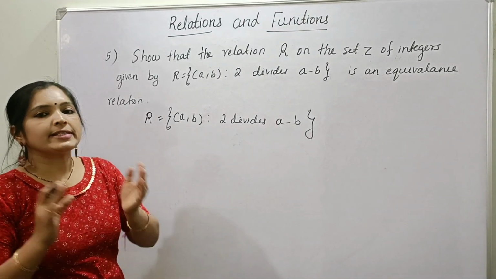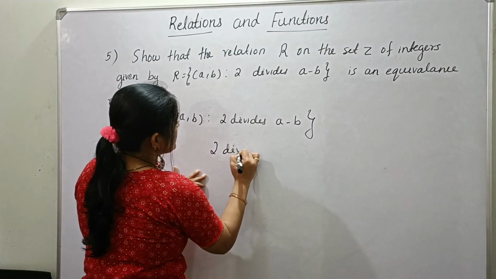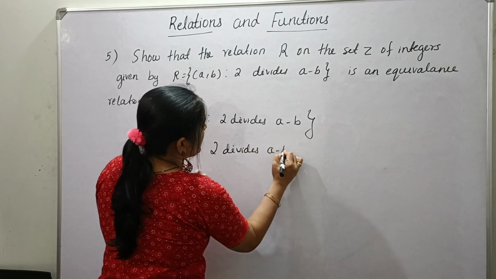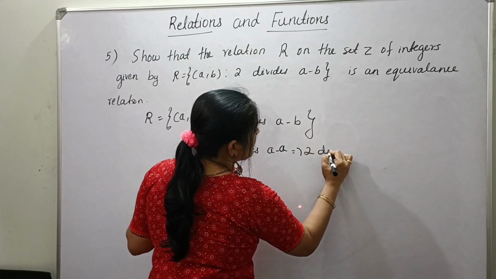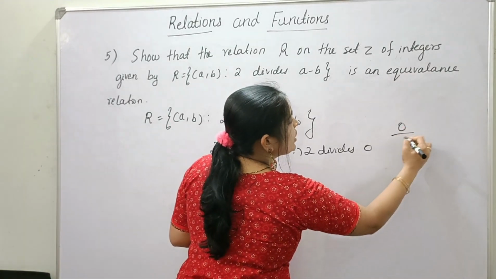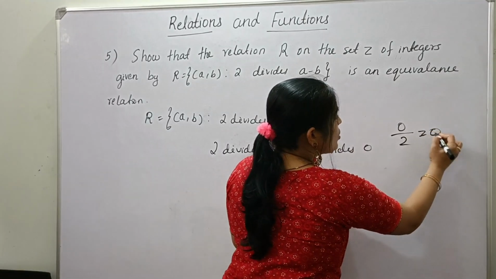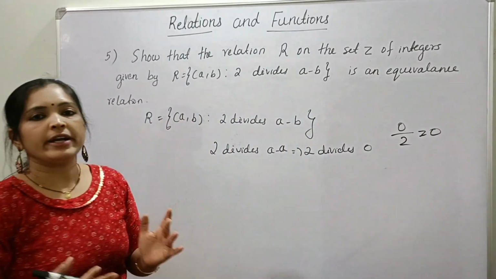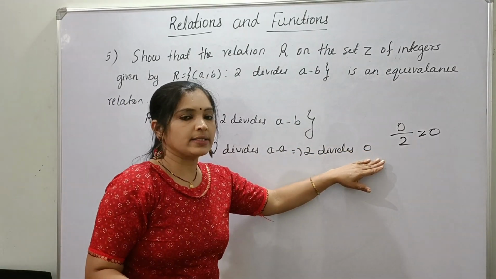That is, 2 divides 0. 2 divides 0 means 0 divided by 2, that is nothing but 0. So it is possible, therefore 2 divides 0 is correct.